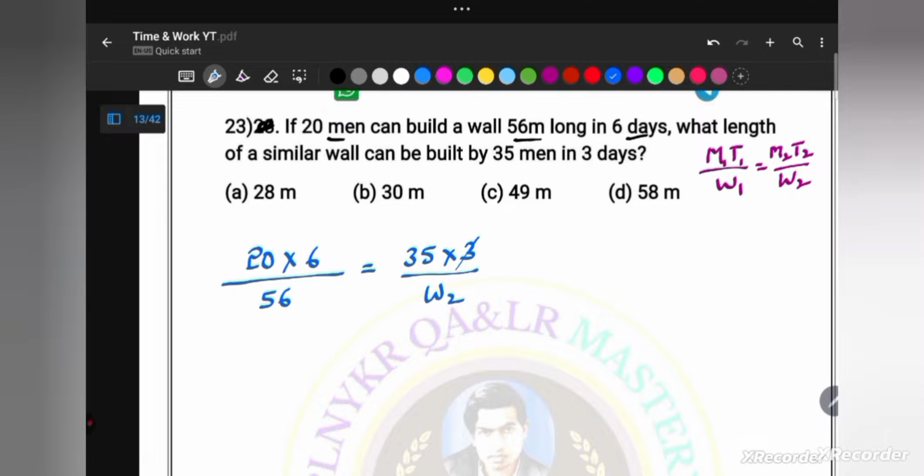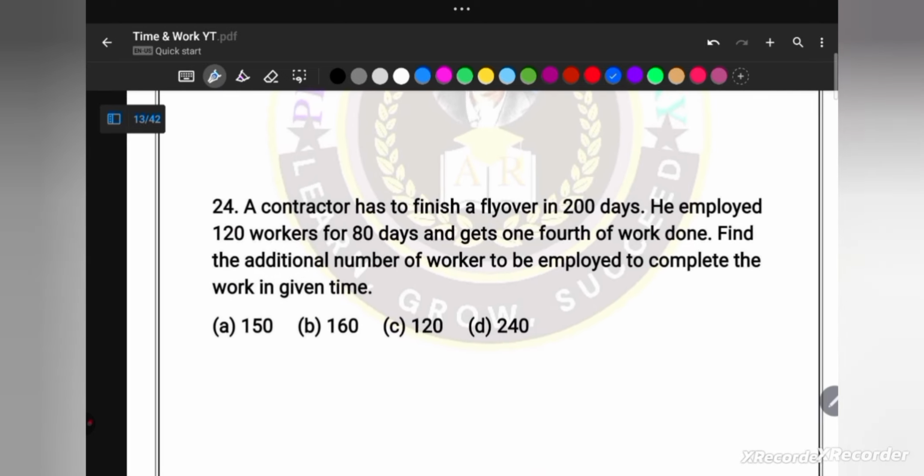Now it will be 3 1s, 3 2s, 5 4s, 5 7s. It will be 4 1s, 4 2s, 8, 8 7s. So W will be equal to 7 into 7. It will be 49 meters of the length of the wall that will be constructed. Okay, we'll be moving on to the next question.